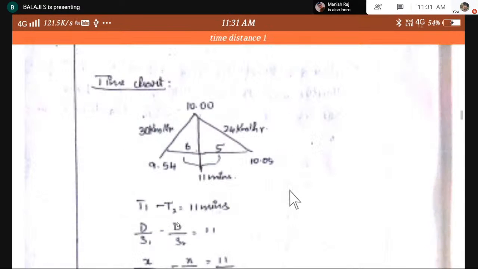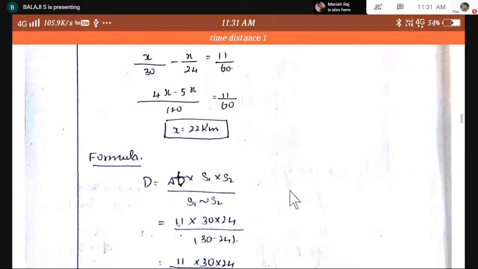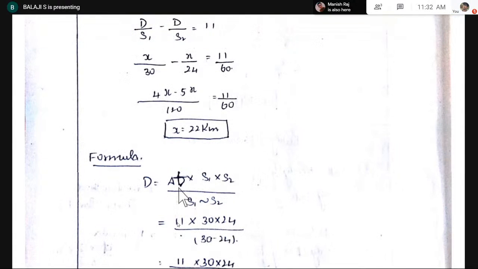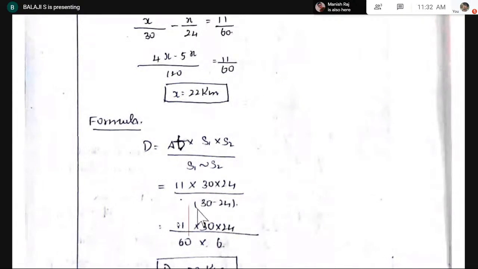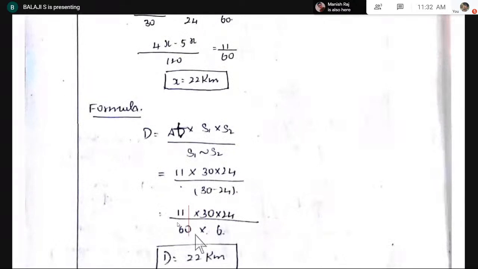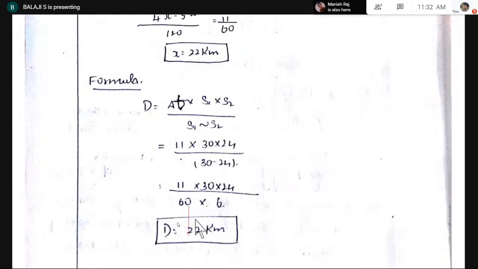See here, in this question we have 6 minutes early and 5 minutes late, that is 6 plus 5 equal to 11. Then you must multiply the speeds, and in the denominator s1 minus s2, that is speed 1 minus speed 2, that is 30 minus 24. We are putting 60 to convert 11 minutes into hours. So the distance is 22. Okay, is it clear now?